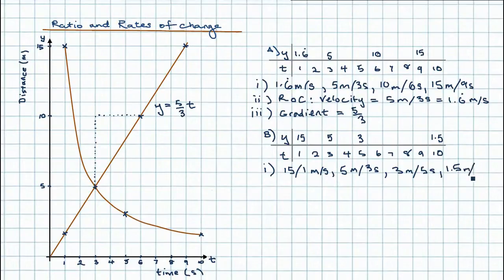Okay, 1.5 meters to 10 seconds. And if I think about simplifying this to get rid of the decimal, if I double both sides, then I've got 3:20, which is not at all like 3:5.